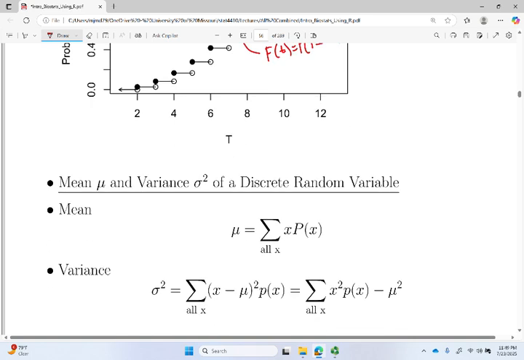Now, if a discrete random variable has a distribution, then more than likely it has a mean and a variance. I say more than likely because there are some weird cases where it is a true random variable and has a distribution, but the mean and the variance don't exist. But usually they do, and we'll just leave it at that.